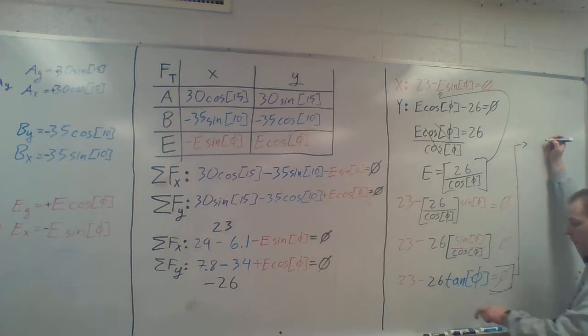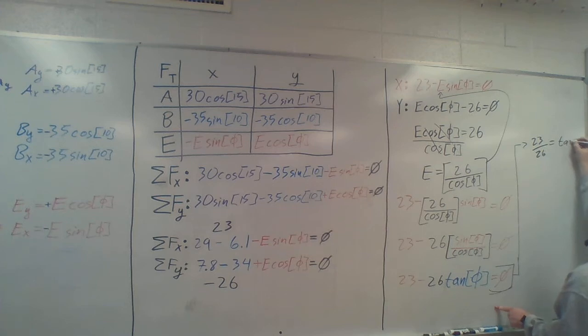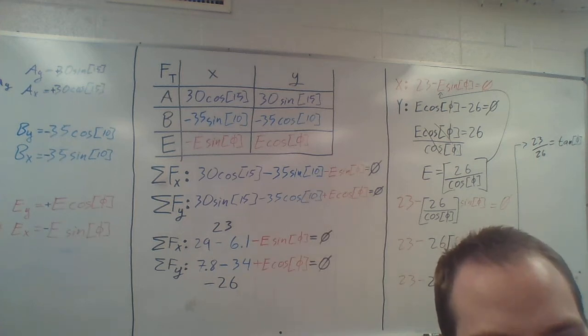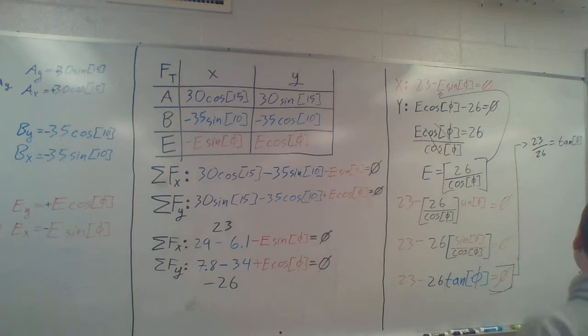So to solve this for phi, we would start by subtracting 23 to the other side, then divide by 26. So 23 divided by 26 equals the tangent of phi. So that's still on screen. It's small, it's tiny, it's hard to see, but it is still on the screen. Okay.